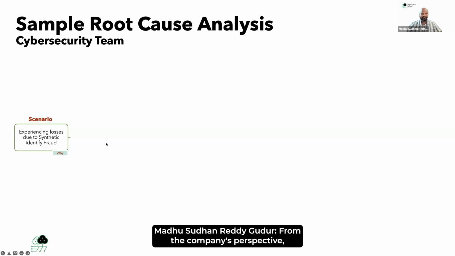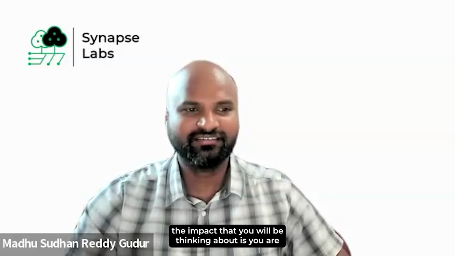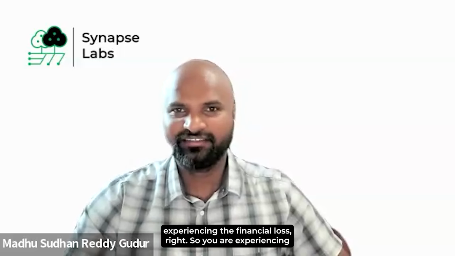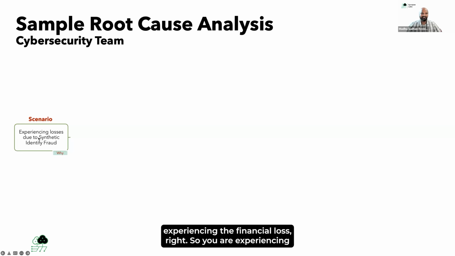So from the company's perspective, the impact that you would be thinking about is, well, you are experiencing the financial loss, right? So the first question that you would ask is the why. Why are you experiencing the losses?